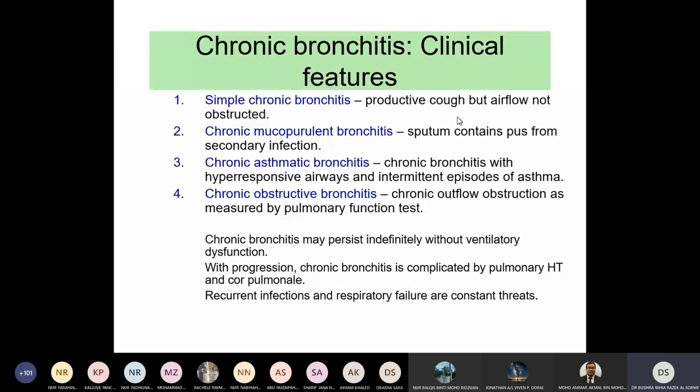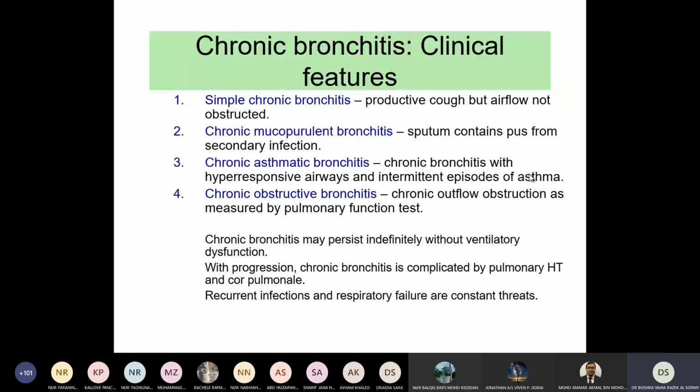Now the types of chronic bronchitis. Simple chronic bronchitis is when there is productive cough but airflow is not obstructed. Chronic mucopurulent bronchitis is when the sputum contains pus from secondary infection. Chronic asthmatic bronchitis is chronic bronchitis with hyper-responsive airway and intermittent episodes of asthma.